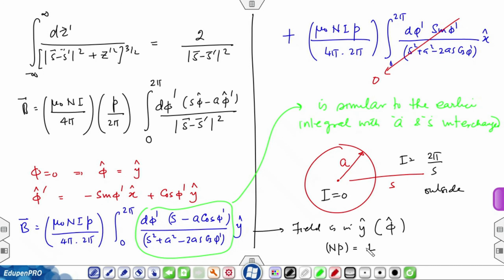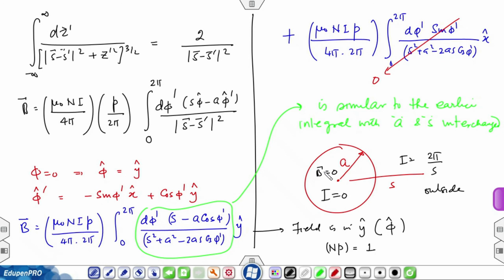So, I will leave the rest of the calculation for you, and you can show how this gives the field as if the current is flowing in the z direction on the shell, uniformly distributed, and this B inside will be 0. So, what we see is that B inside will be 0 in the horizontal direction, and in the vertical direction it will be mu naught n I, and outside it will be like that of a wire carrying current I along the axis of the cylinder. I am leaving the rest of the calculation for you.